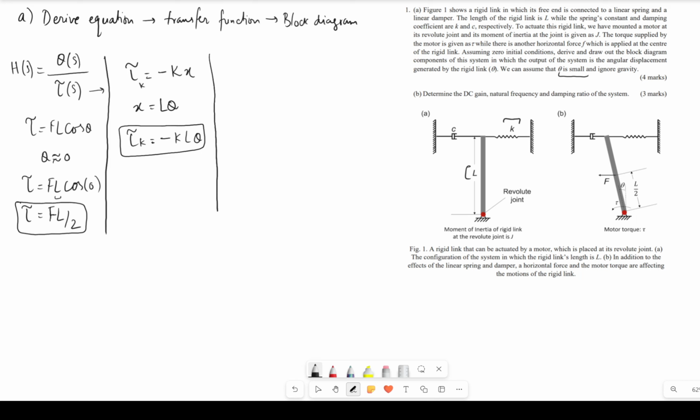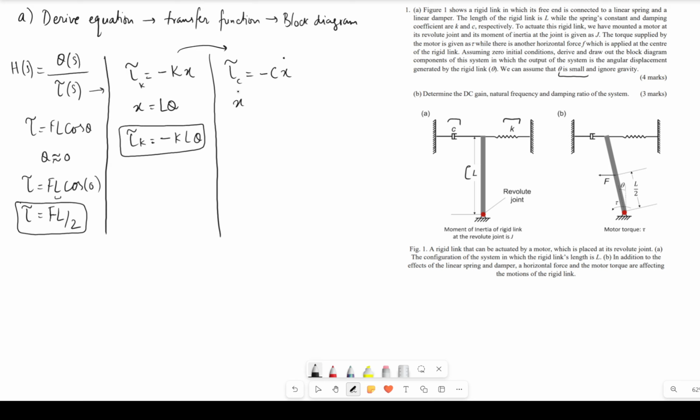Now for the damper, we will write the exact same equation, but the damper equation is basically tau C, which is equal to minus C, and because it's a damper, in the spring we have X, but with the damper we have the derivative of X, okay?